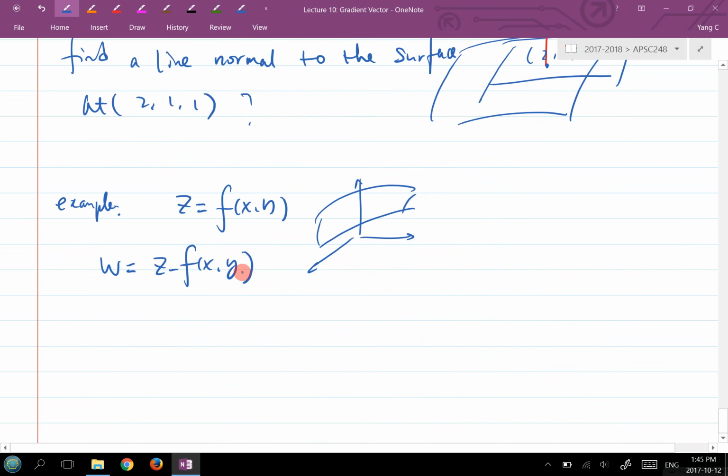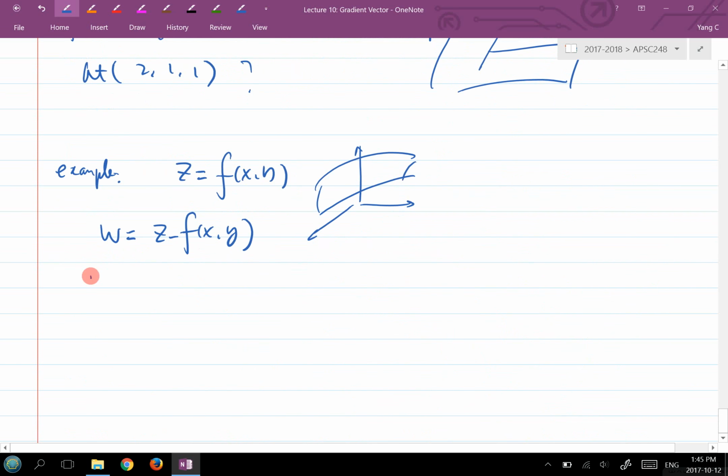And if I let w equal to 0, we get a level surface.